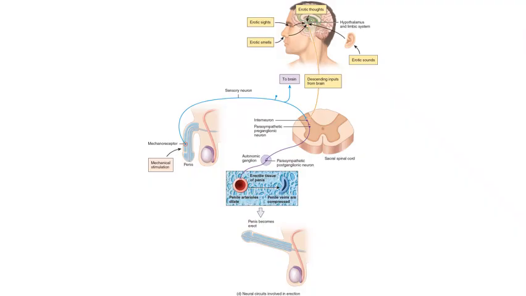Erotic sights, sounds, smells, and thoughts can also stimulate this, and this involves descending inputs from the brain, like the hypothalamus and the limbic system, to the spinal cord. Negative stimuli are also shown to have effects. Like a bad mood, depression, or anxiety, it can inhibit these pathways and, as such, inhibit erections.